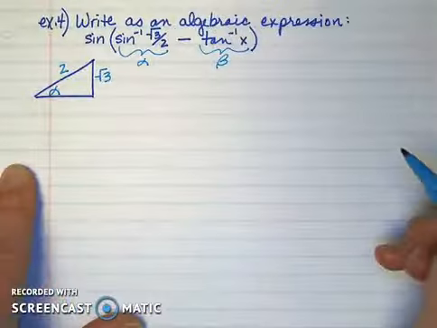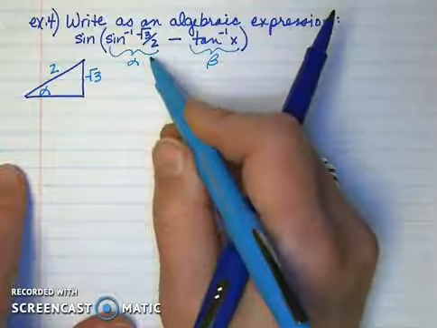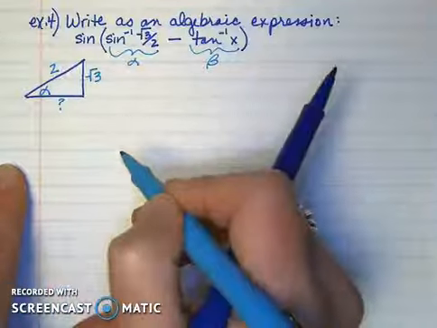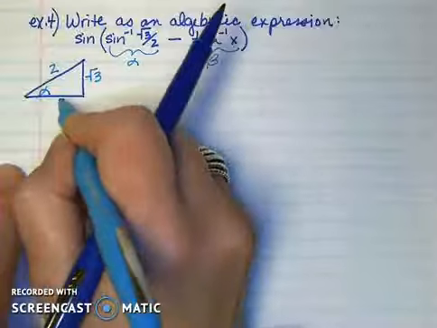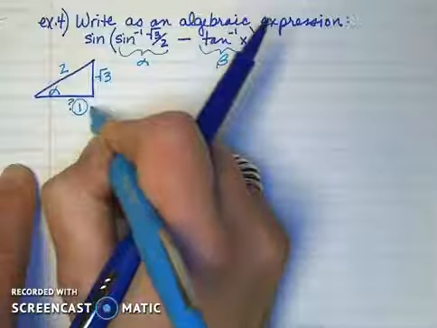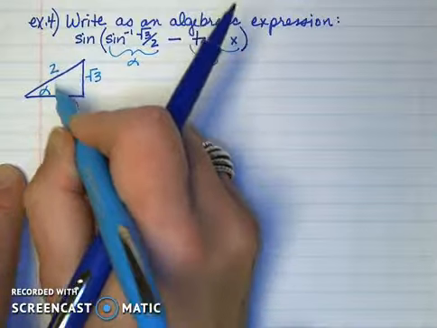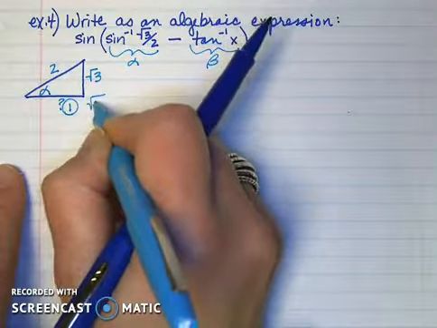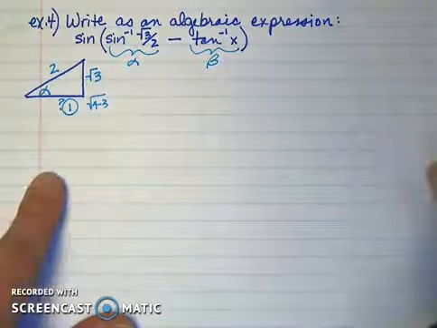But think about it. If the sine is square root of 3 over 2, then the cosine would be 1/2, right? This would be 1, which makes sense because that would be square root of 4 minus 3, which is 1. All right, let's get our other triangle.